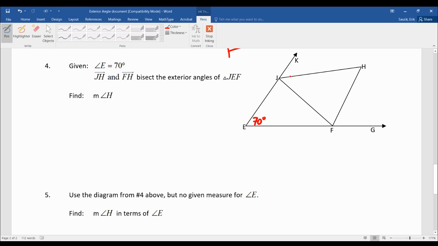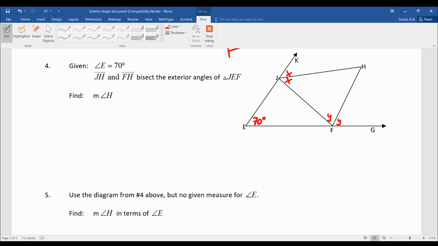So instead of putting tick marks here, I'm just going to call this X and X. And FH, you can try this yourself if you want, bisects this. I'm going to call this Y and Y. So I actually did put a second variable in for this one, okay? But if you want to stop and try to figure out angle H on your own here, that'd be cool.